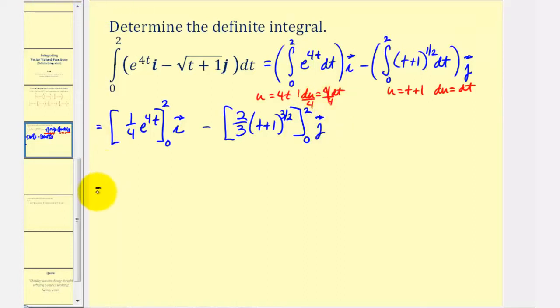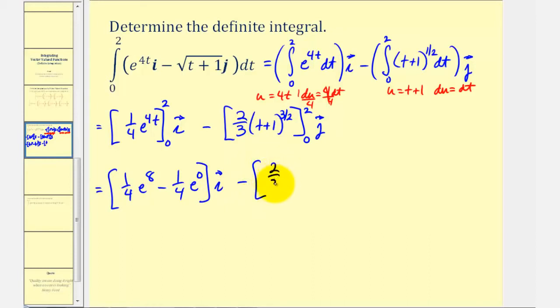Now we'll evaluate. We'll first substitute 2 for t. So we'll have 1/4 e to the 8th, 4 times 2 is 8, minus 1/4 e to the 0 times i. And then here we'll have 2/3. When t is 2, we'll have times 3 to the 3/2, and then minus 2/3 times 1 to the 3/2 times j.